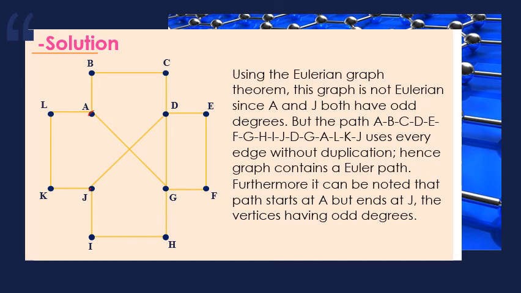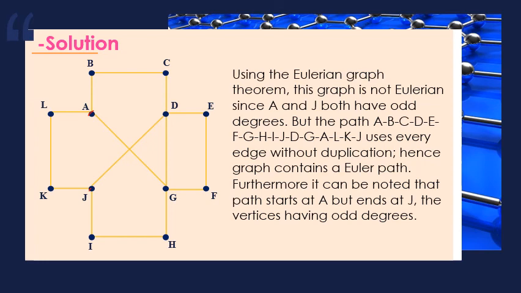So, na-satisfy naton ang gusto nga kondisyon sa aton nga Eulerian path theorem. So, makakita kita sang path nga nag-start sa odd nga vertex, then ma-end kita dapat sa isa pa ka odd nga vertex.